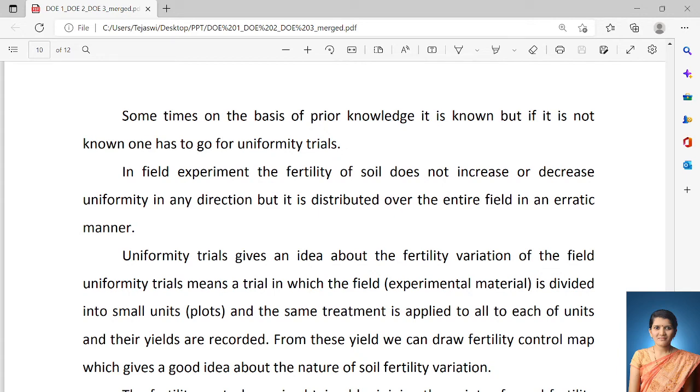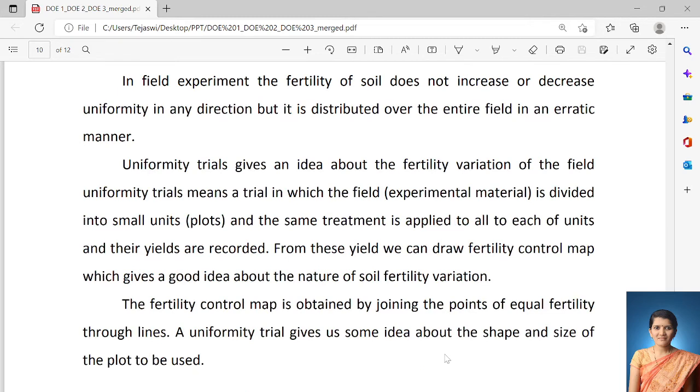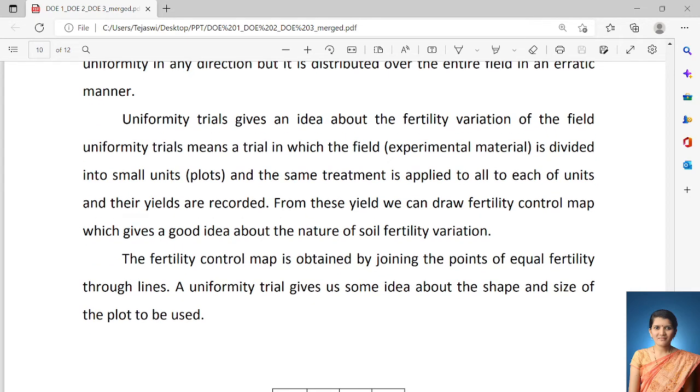From this yield we can draw a fertility contour map, which gives a good idea about the nature of soil fertility variation. This fertility contour map is obtained by joining the points of equal fertility through lines. The uniformity trials also give us some idea about the shape and size of the plots to be used.